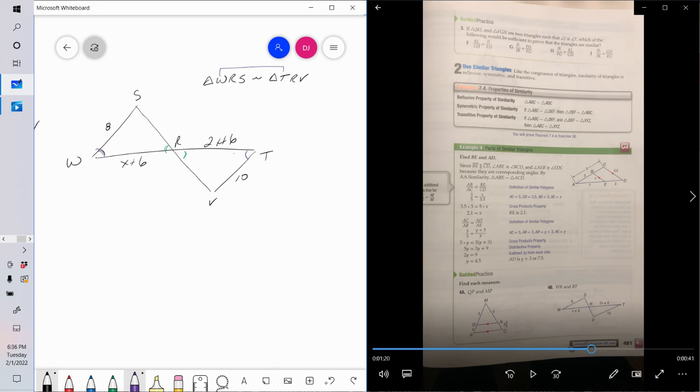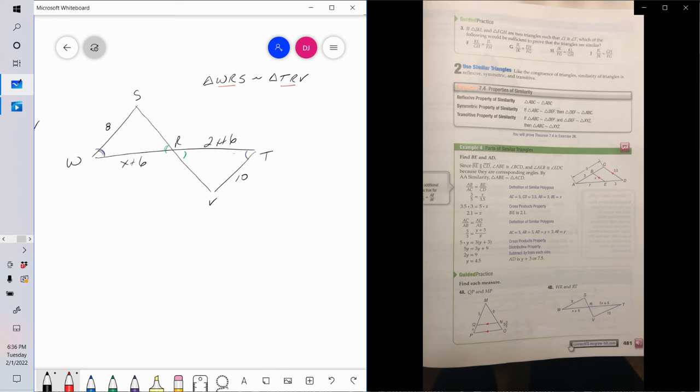Angle W is congruent to angle T. Angle R is congruent to angle R, so that must mean that angle S is congruent to angle V, and that's true. But that also means that the ratio of WR over TR will equal the ratio of RS over RV, will equal the ratio of WS over TV. So those things line up.